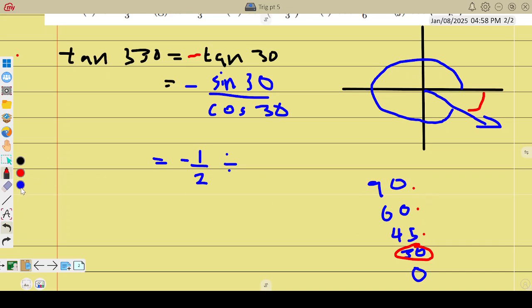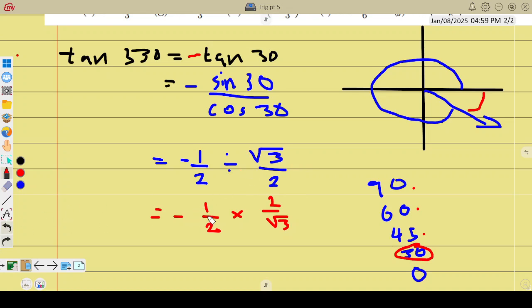So cos 30 is root 3 over 2. And then from there, the negative will just be following along. So 1 over 2 times, when we change to times, even the positions change. This would be 2 over root 3. So the 2 goes on top.